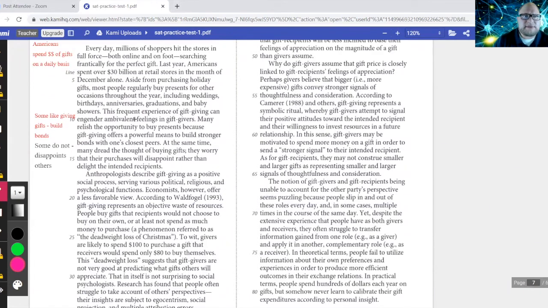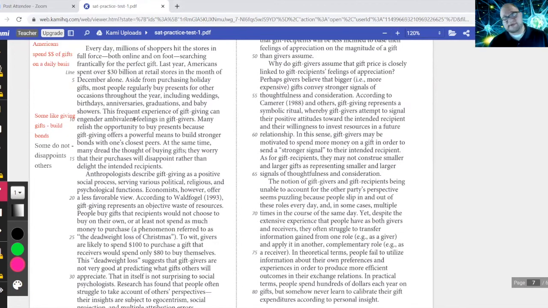If we look at line 10, this frequent experience of gift giving can engender ambivalent feelings in gift givers. Well, again, you might not know exactly just from that sentence alone. That's why you always need, when it ever asks for what a word means in context, to read a little ahead, but in some cases, read afterwards. Look at your own annotations. Some like giving gifts because it builds bonds. Some do not because it disappoints others.